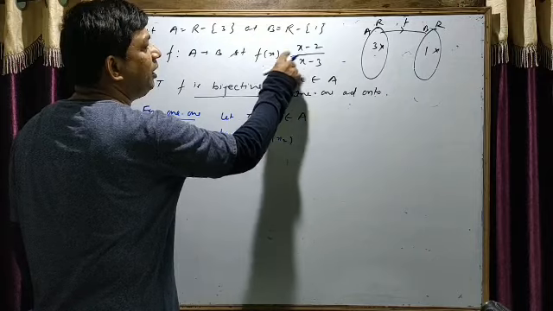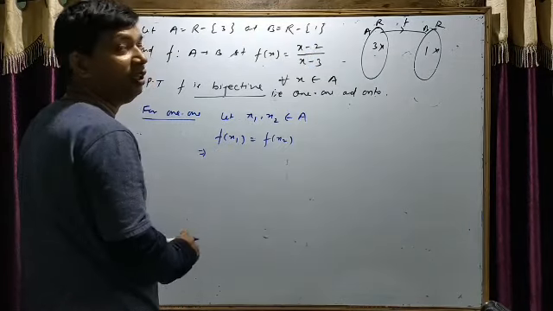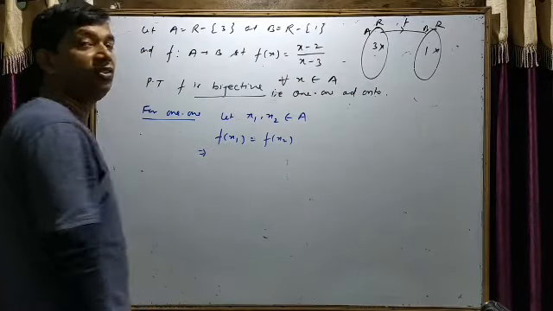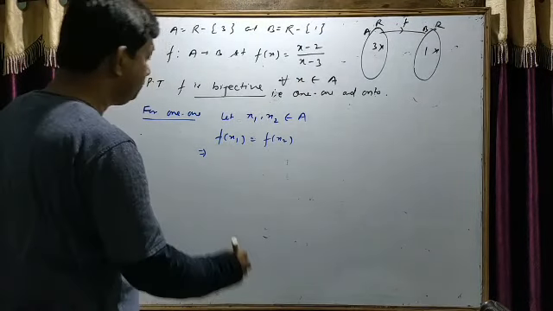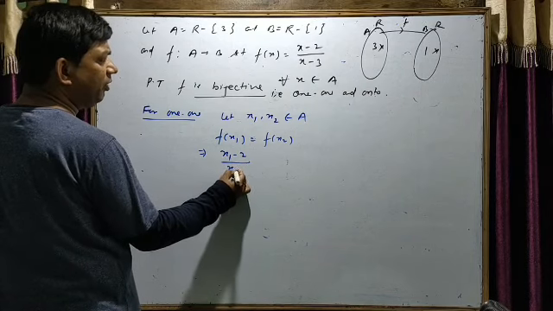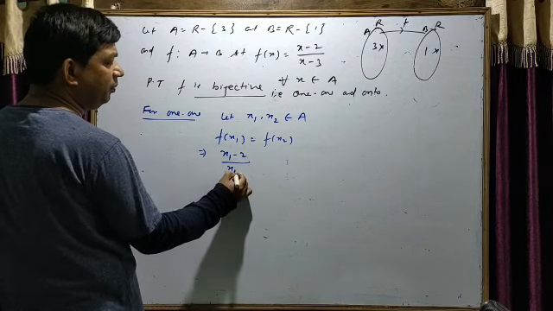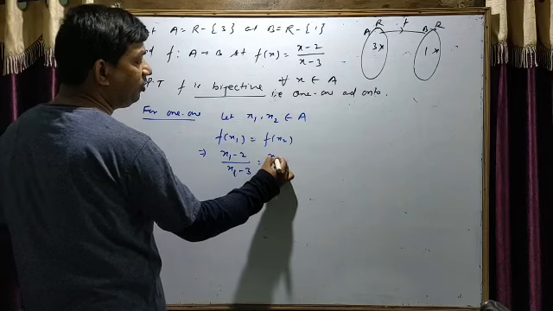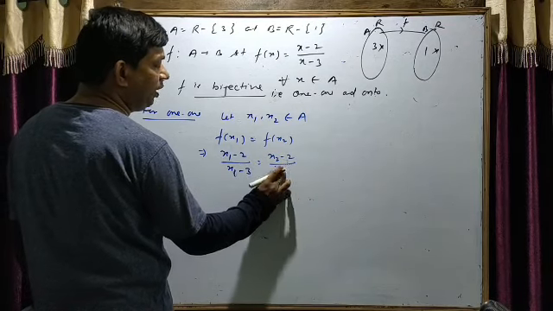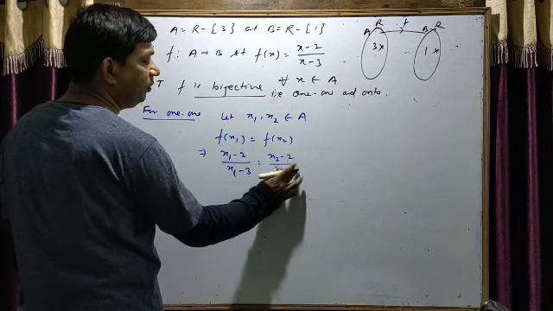So f(x1) is (x1 minus 2) by (x1 minus 3), and f(x2) is (x2 minus 2) by (x2 minus 3).